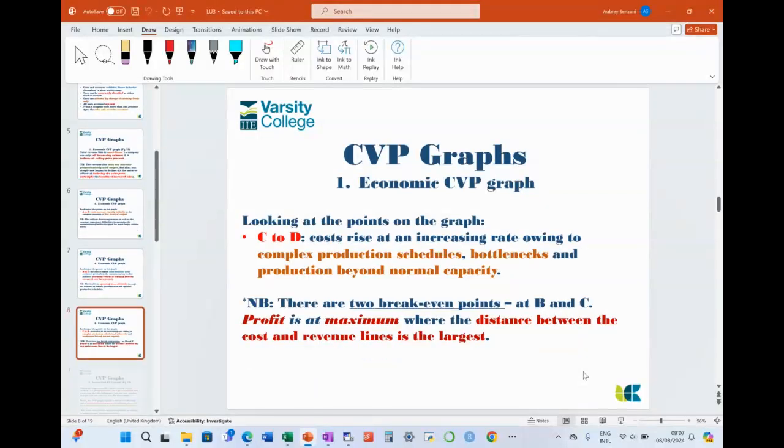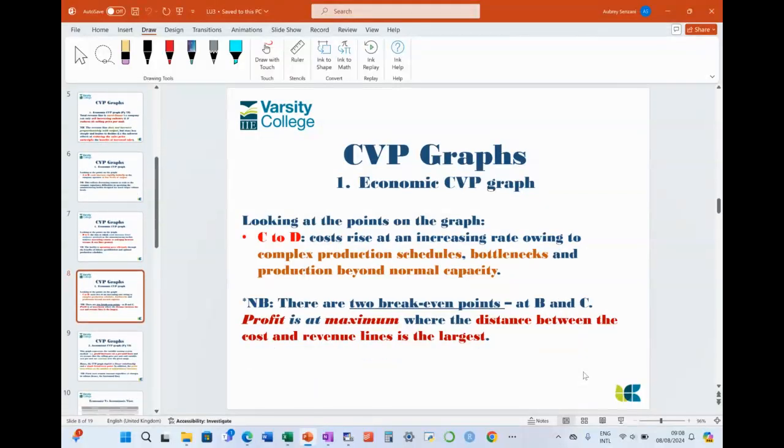Okay, so in a nutshell, that is it. And let's just read C to D, what they're saying. Looking at the points on the graph C to D, costs rise at an increasing rate owing to complex production schedules, bottlenecks, and production beyond normal capacity.